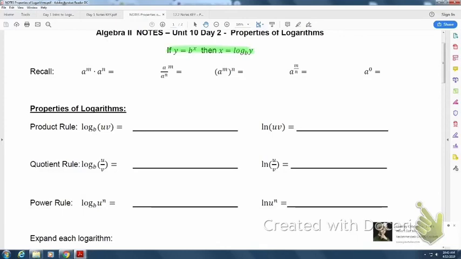So to just quickly refresh your exponential properties, if you're multiplying like bases, you would add your exponents. If you were dividing like bases, you would subtract your exponents. If you've got a power to a power, you would multiply those.